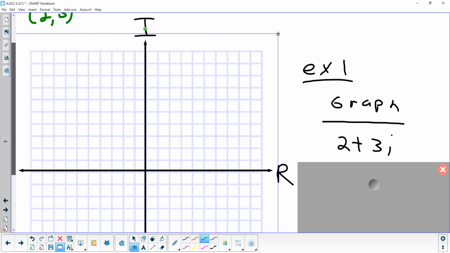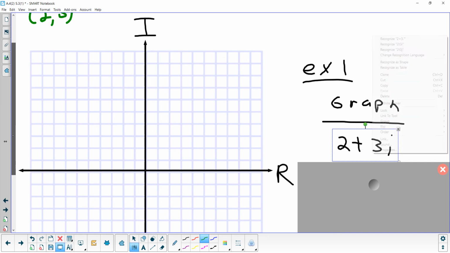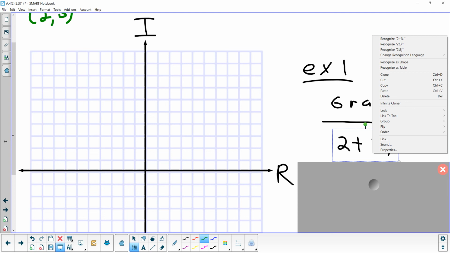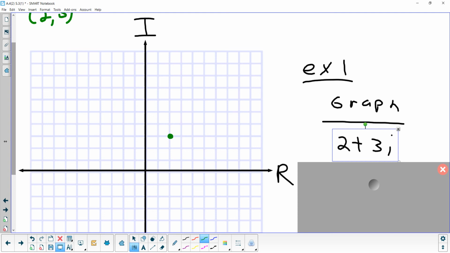Just the number. Oh, 3. Just the plus 3. So the imaginary part is a plus 3. Plus means to go up, minus means to go down. So you're going to go to 2 on the real axis, positive 3 on the imaginary axis. 2, 3, put a dot, and that's how you graph the point 2 plus 3i.